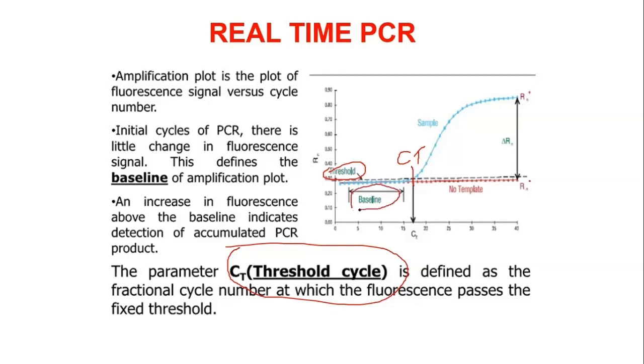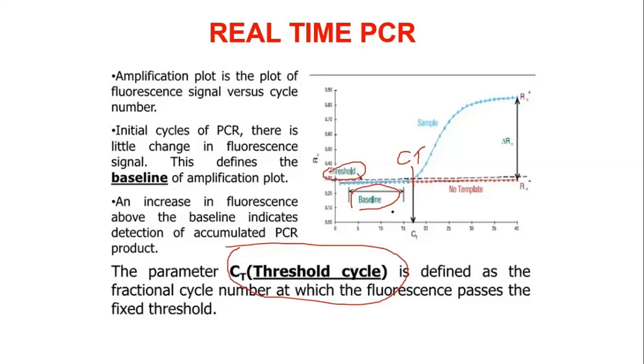The signal that can be easily detected at a certain PCR cycle is called the threshold value. So there will be a minimum cycle at which the fluorescence can be easily detected by the fluorometer, and that is called the threshold value. This threshold value is constant for all the samples. In real-time PCR, this threshold value is set by the machine.